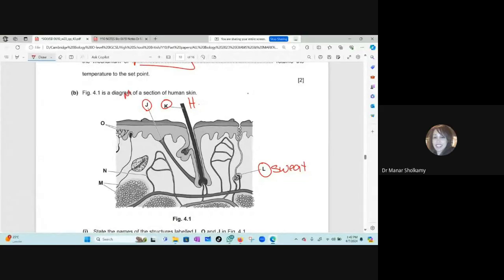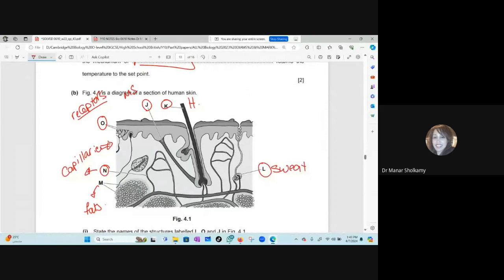What is O? Receptor. These are the capillaries. N are the capillaries. These are the receptors, correct. They are the nerve endings or receptors, because the skin has lots of receptors for pain, for touch, for temperature, etc. What is M? Fats. Correct. N are the capillaries and M are fats.